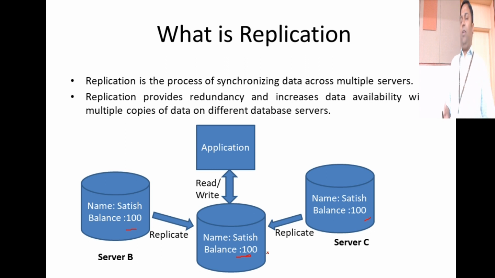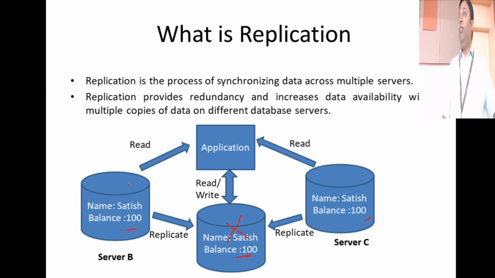So what are the advantages we get by this? We get fault tolerance. For instance, if one of the nodes here goes down, fails, then the application can read and write data from another node. That is one thing. And another important thing we achieve is data redundancy, thereby we can read data from multiple servers.